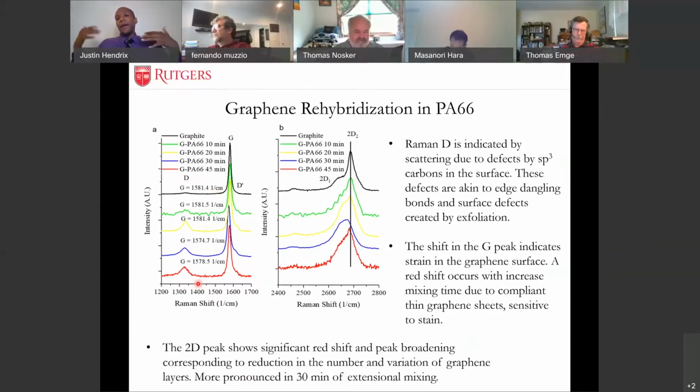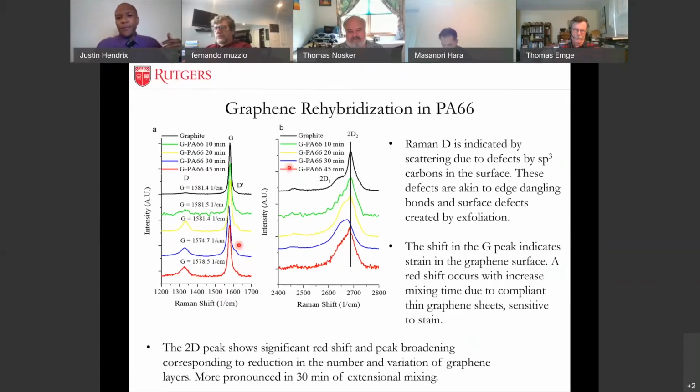Given the combination of extensional flow, extensional mixing, as well as them being so flexible, that's one of the reasons why we get this red shift, because they're under tension and they want to conform to their substrate. So that's an indication that we have graphene that's flexible, but also has very intimate contact, which gives clues to secondary bonding.